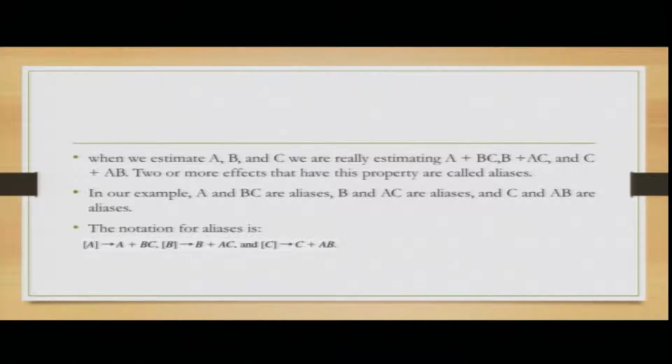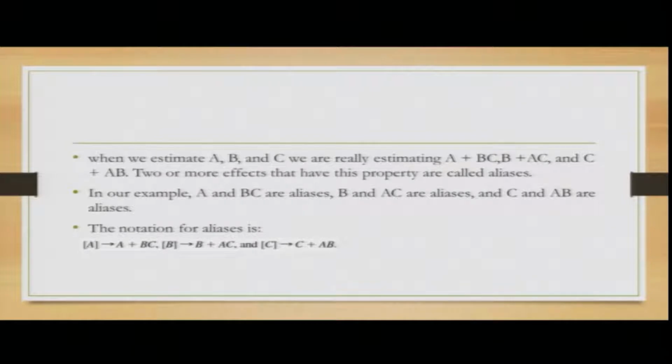When we estimate A, B, C, we are really estimating combinations like this. We want to find A plus the combined effects of B and C. When we are trying to find B, it is the B effect plus AC, and when it is only C, it is the C effect plus AB. Two or more effects that have this property are called aliases, and based on the aliases we can find out the level of significance.